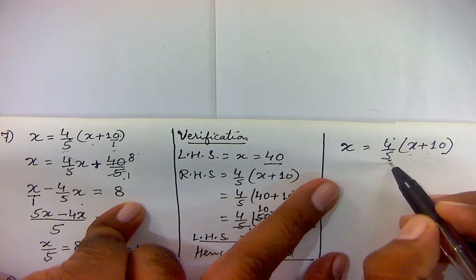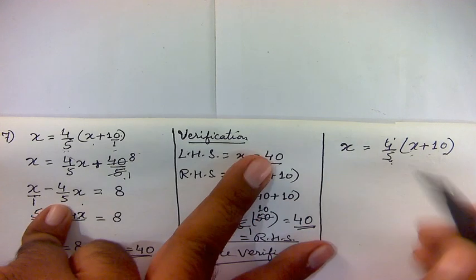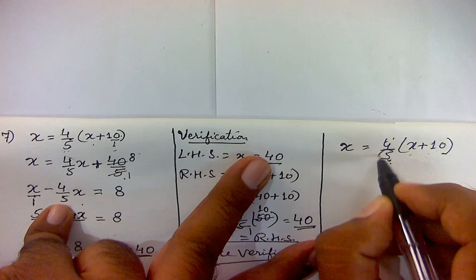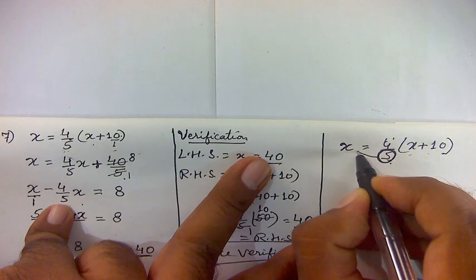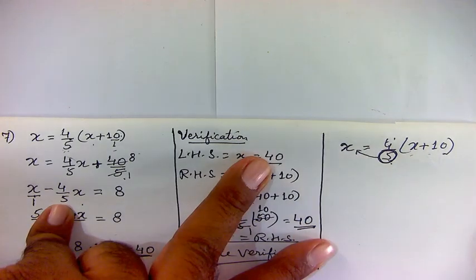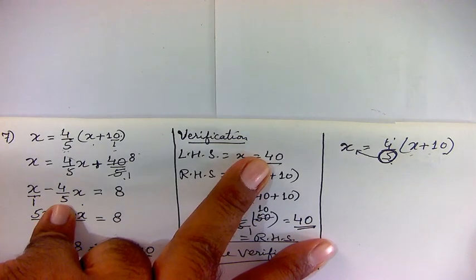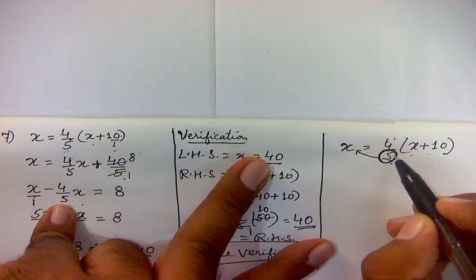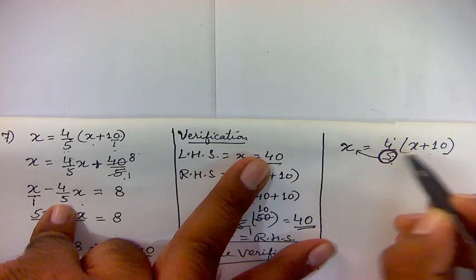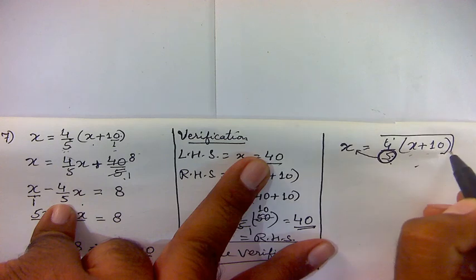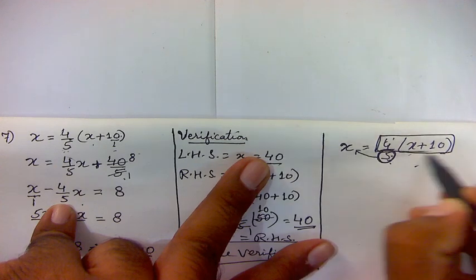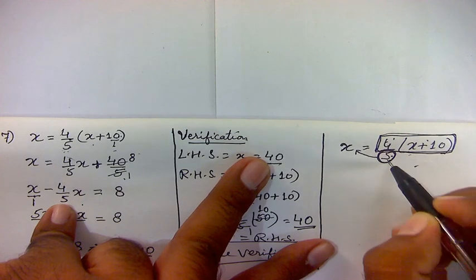So upon 5 means divided by 5, and you can move it alone to the left hand side. Reason being, the whole right hand side, that is 4 multiplied by (x plus 10), is divided by 5.